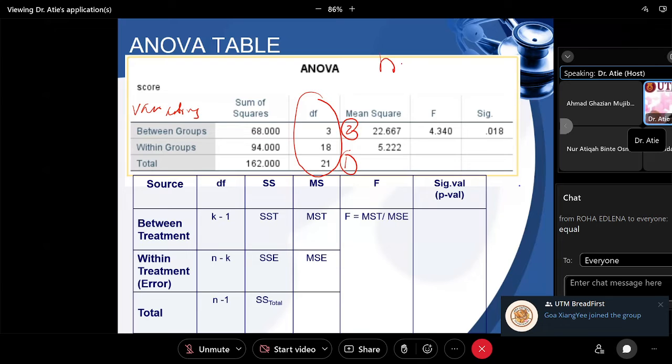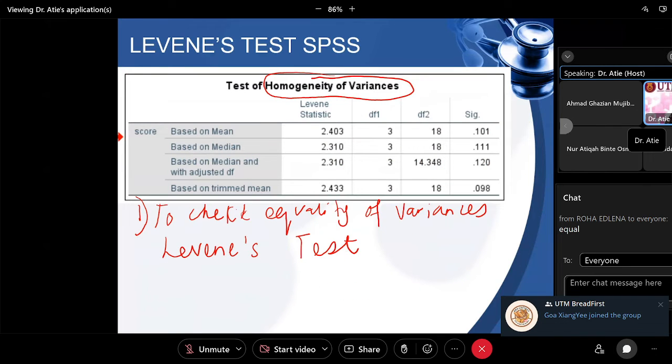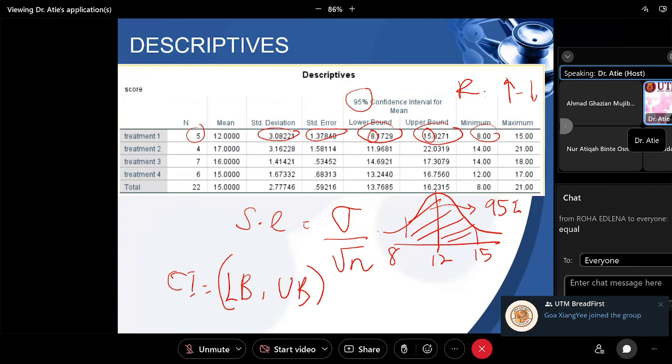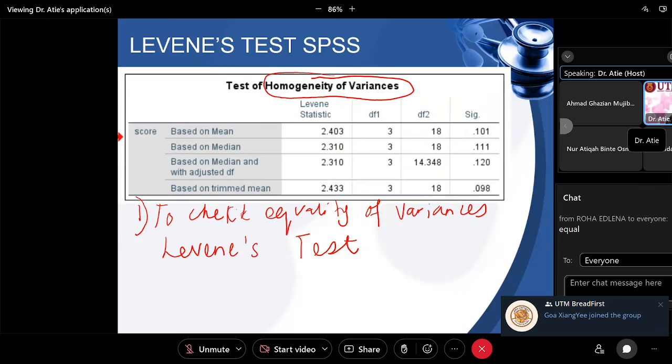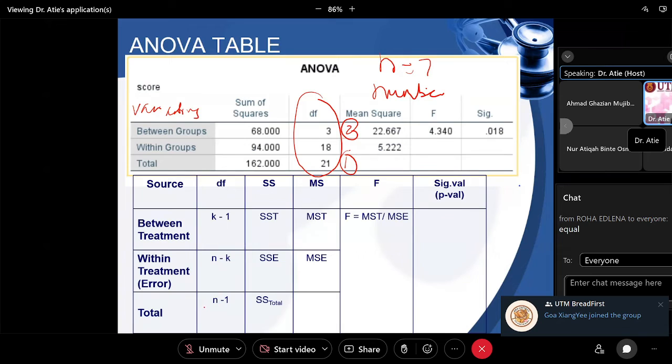The letter n comes from the word number, the number of people or respondents involved in this study. The total is 22 people, so n minus 1 is 22 minus 1, which is 21. That's the reason you get 21 here.